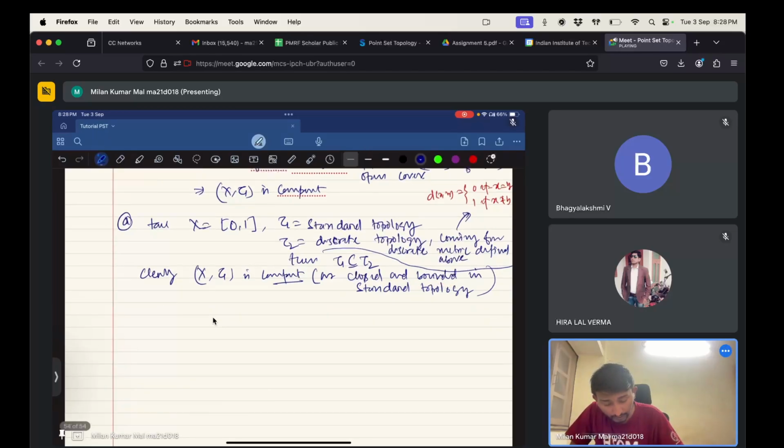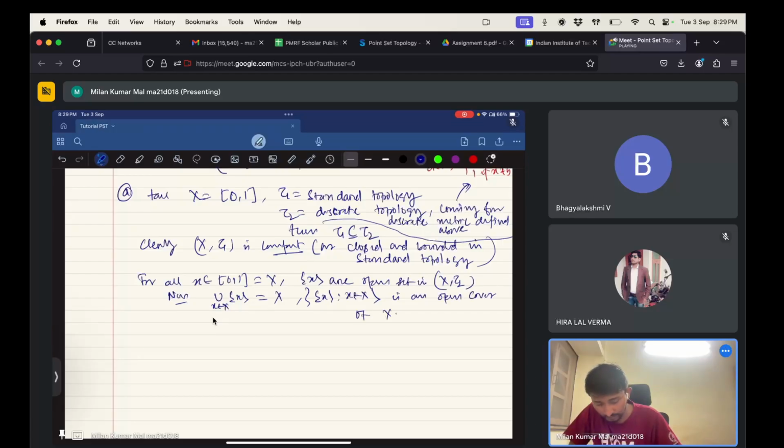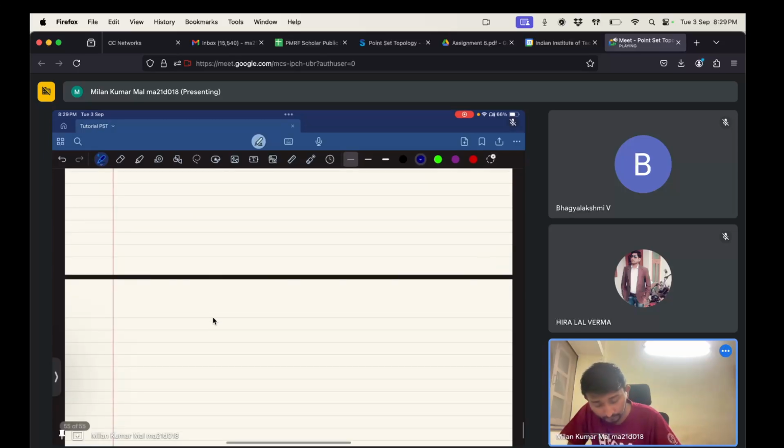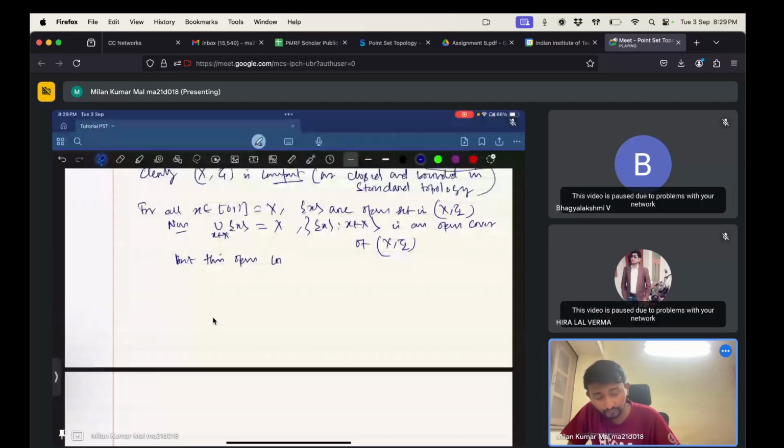Here, every singleton set {x} for x in the closed interval [0, 1] is an open set in (X, tau 2). So the collection of these singletons is an open cover, but this open cover does not have any finite subcover, right?